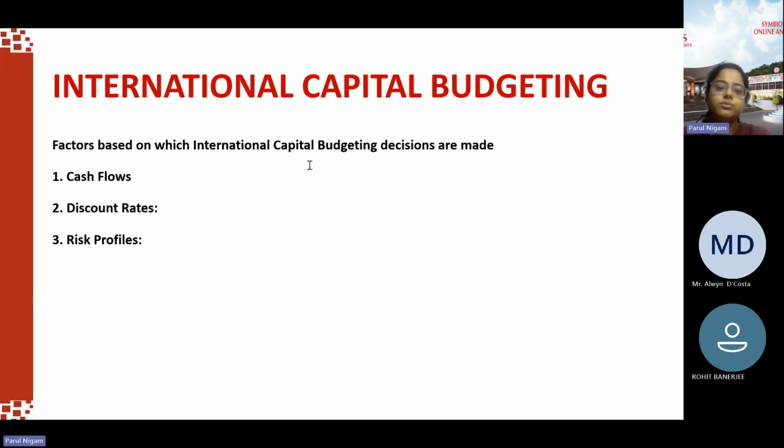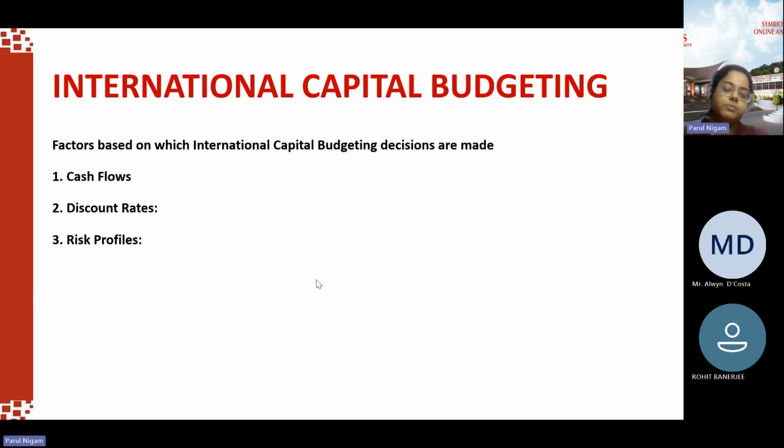Okay, so a US company investing in a manufacturing plant in India needs to evaluate the Indian rupee and USD exchange rate trends to estimate future cash flows accurately. Then use hedging strategies, forward contracts, currency options to reduce your exchange rate risk.